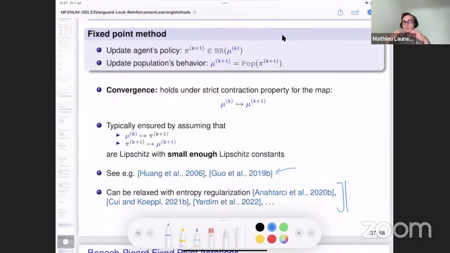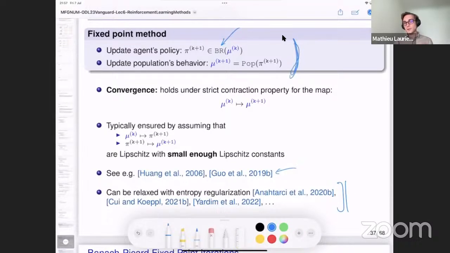If you penalize based on the entropy of this policy, it means you force the policy to diversify the actions. And this regularizes, in fact, the whole process here. So you still do these fixed point iterations, but with a modified reward and hence a modified best response function. And this can help to get the strict contraction property.